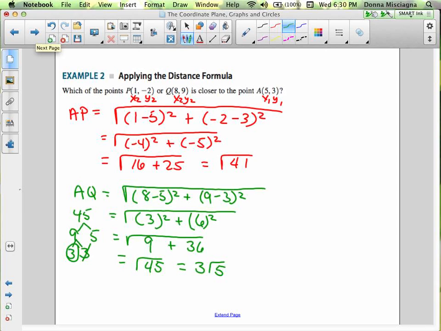Which one is closer? Well, the square root of 41 is less than the square root of 45. So the segment AP is less than the segment AQ.